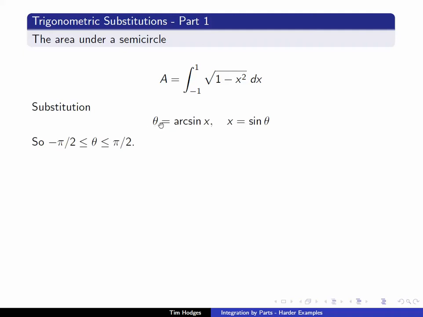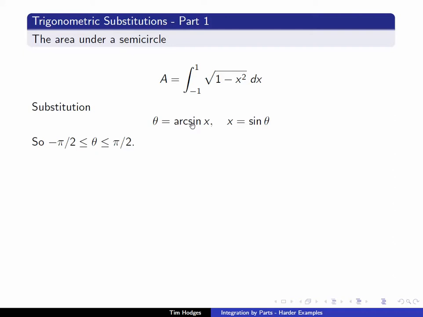So it makes sense that we can define theta to be arcsine of x because the domain of the arcsine function is minus 1 to 1. Of course, this is the same as saying x equals sine theta, provided theta is between minus pi over 2 and pi over 2. This is the range of the arcsine function, if you remember. Arcsine of minus 1 is minus pi over 2, and arcsine of 1 is pi over 2.